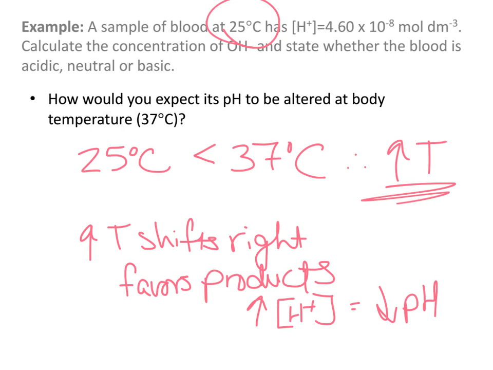So now we'll go back to the whole idea that the process is endothermic, and so if you increase the temperature, then it's a shift to the right, which would favor the products, one of which is the hydrogen ion concentration. And the pH then would be inversely proportional to the ion concentration. More hydrogen ions in solution, more acidic, and so the lower the pH.